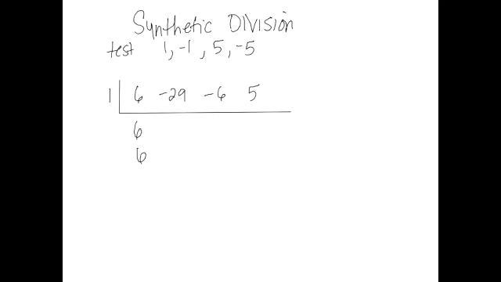And then 1 times 6 is 6, so put that there. Negative 29 plus 6 is negative 23. Is that right? Negative 23, right. It's 1 times 6 is 6, add down. Then 1 times negative 23 is negative 23, so it goes back to negative 29.